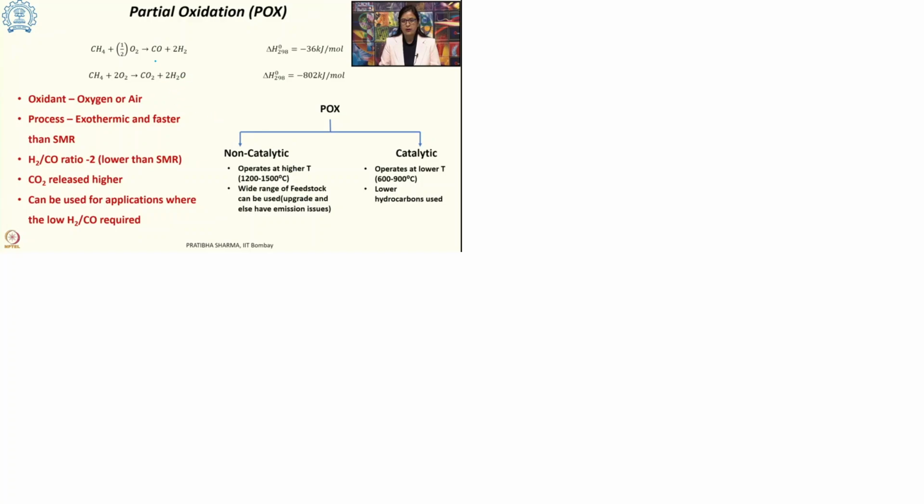And next is another process, the partial oxidation process. The name itself suggests that partial means not full. That means substoichiometric reactions.